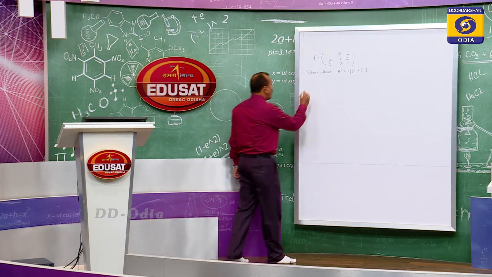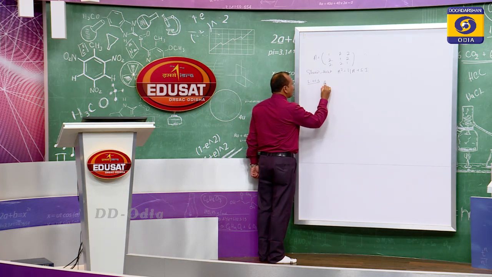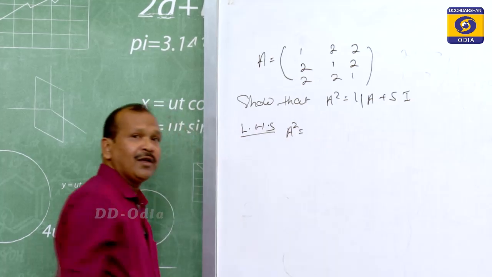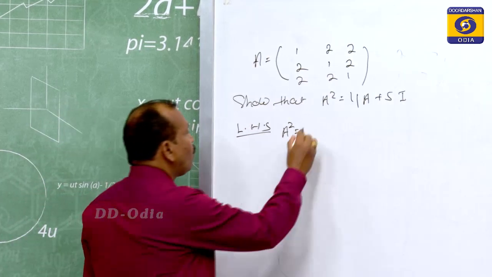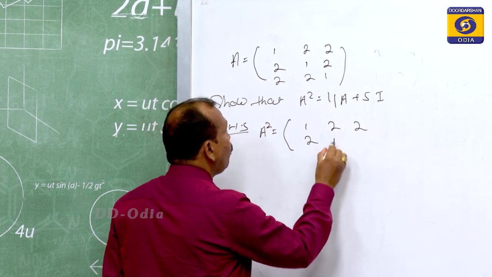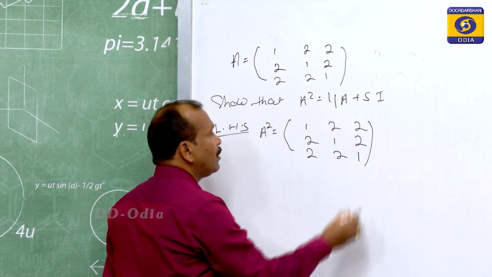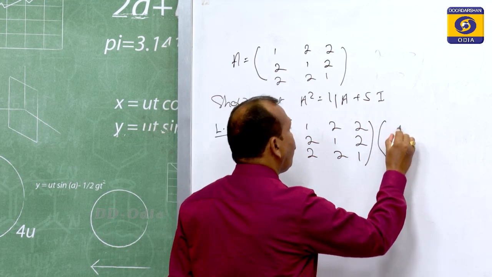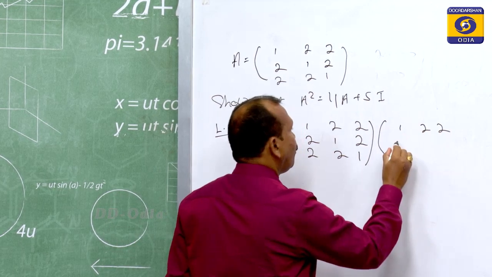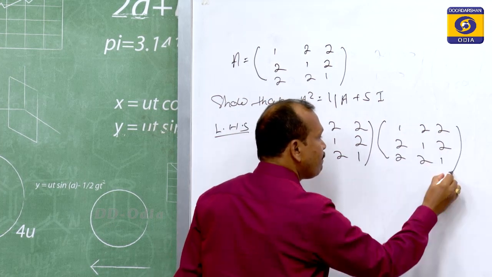Now we work on the LHS. A square becomes the matrix 1 2 2, 2 1 2, 2 2 1 multiplied by the matrix 1 2 2, 2 1 2, 2 2 1.